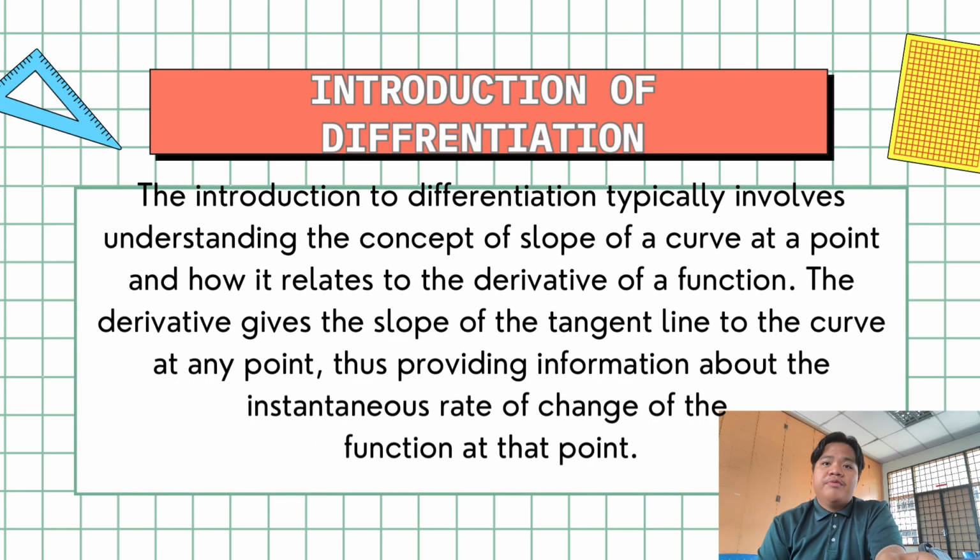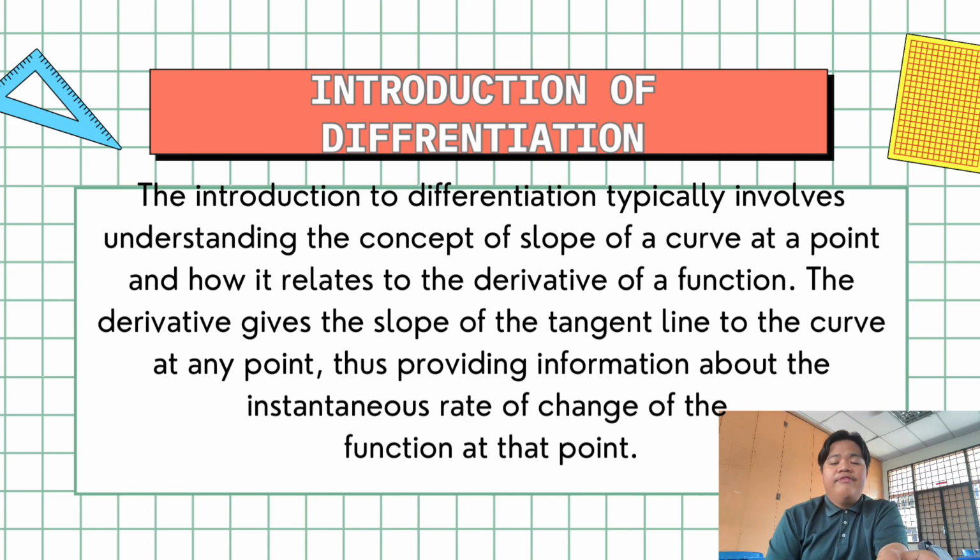Alright, for the first one is the introduction to differentiation. I think you guys know about this topic, but let me explain in detail, okay? Differentiation typically involves understanding the concept of the slope of a curve at a point and how it relates to the derivative of a function.